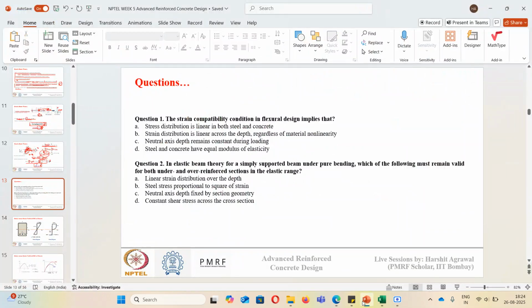Can anyone tell me? The strain compatibility condition in flexural design implies that.